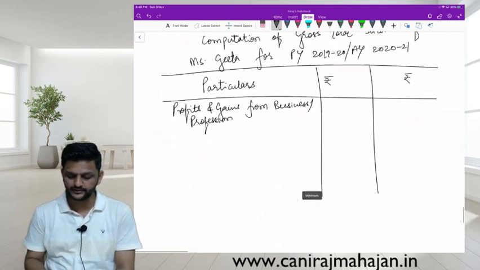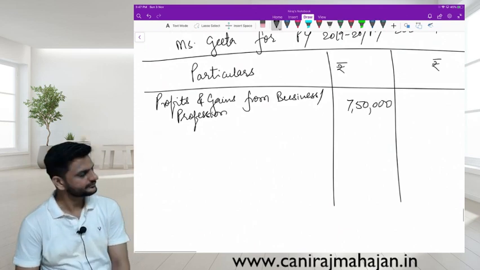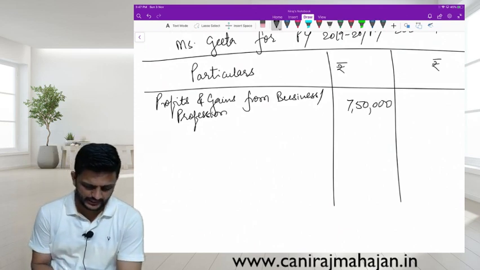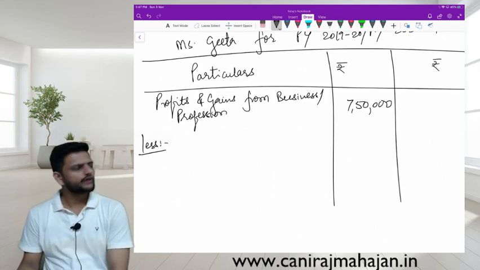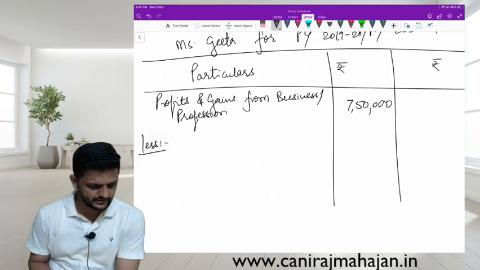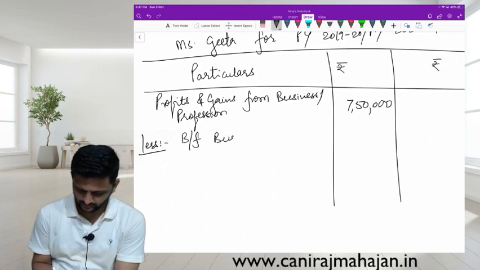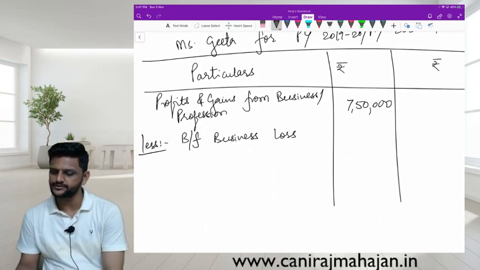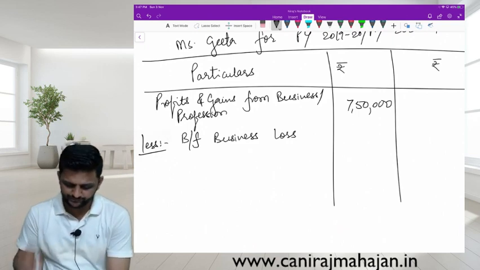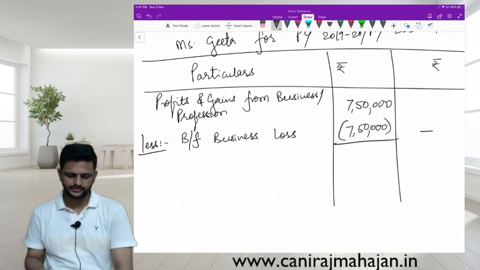PGBP or salary income is 7 lakh 50,000, less brought forward business loss. Very good. Brought forward business loss is rupees 12 lakh 50,000. So we can set off only 7 lakh 50,000.